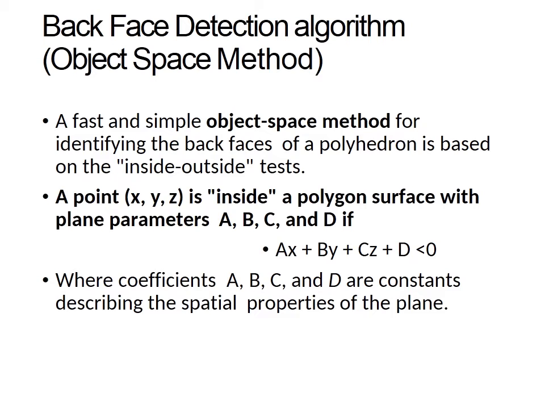There are certain differences between the object space and image space methods. The object space method is object based. It concentrates on geometric relations among objects in the scene. Here surface visibility is determined. It is performed at the precision with which each object is defined.